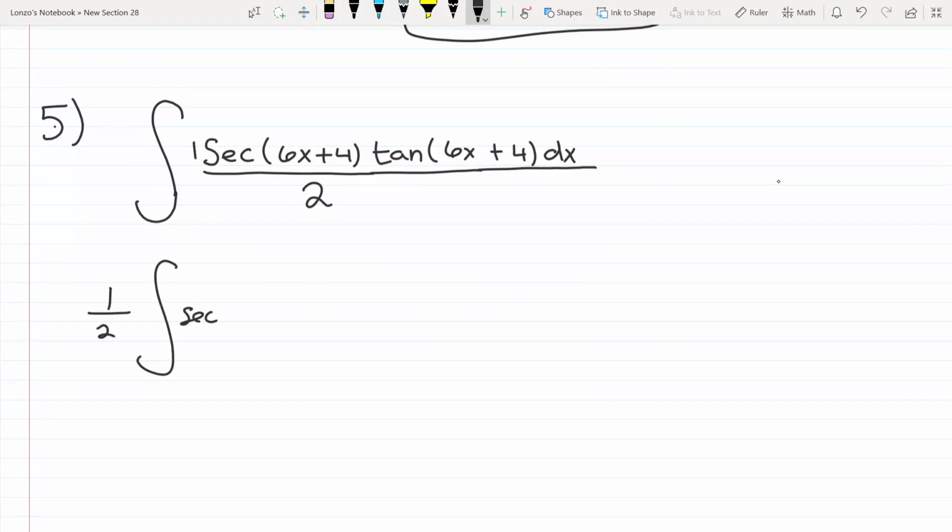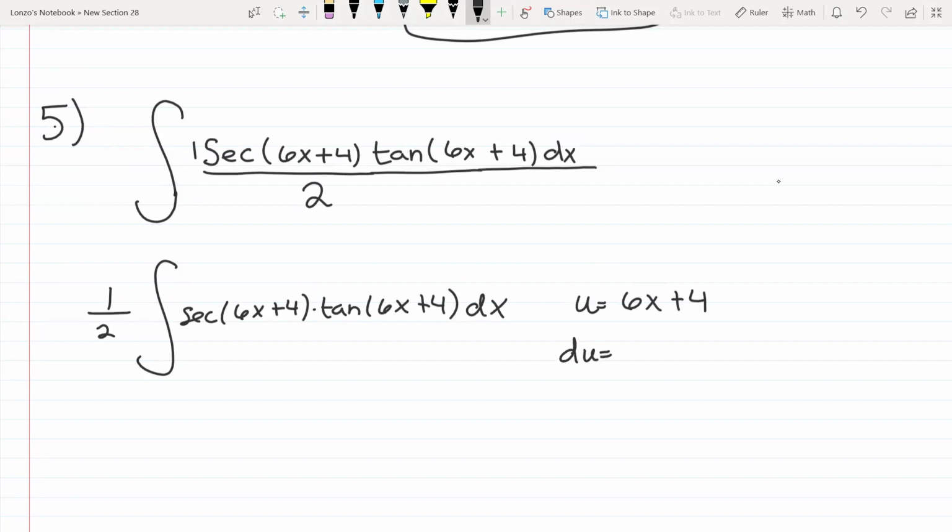So we have secant of 6x plus 4 times tan of 6x plus 4, and then you have a dx. So yes, I'm definitely going to use u-substitution, and my u value will be 6x plus 4. And then my du would be the derivative of 6x, which is 6, the derivative of 4 is 0, and don't forget you have a dx.